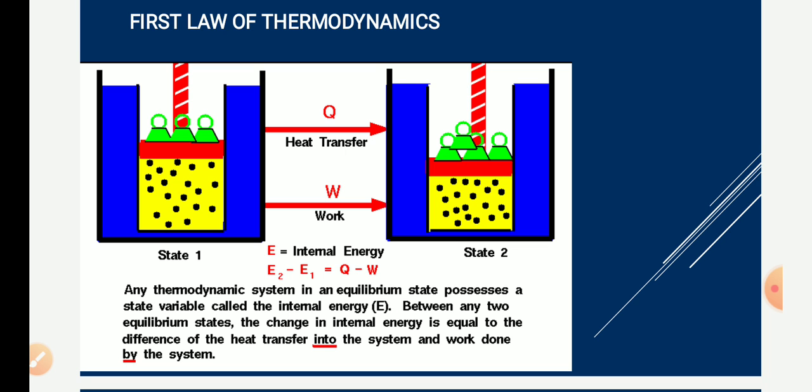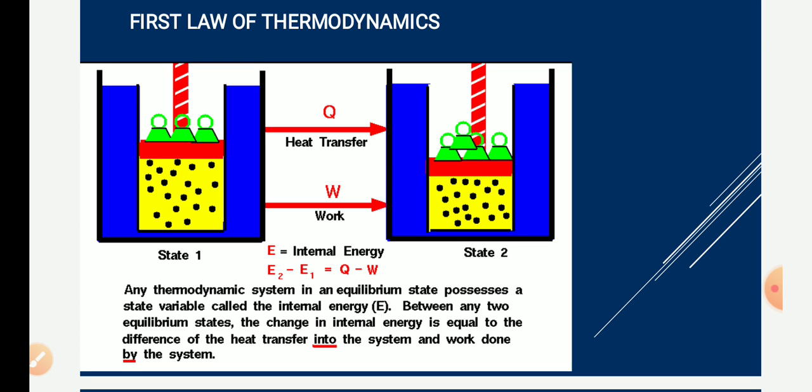The first law of thermodynamics is simply the amount of heat energy we give to the system. It is utilized to increase its internal energy, and some of that is utilized as work done. For example, from the figure you can observe state 1 and state 2, with pistons in the container.